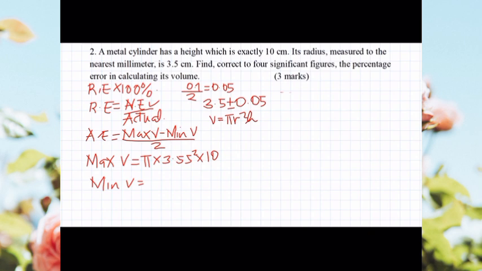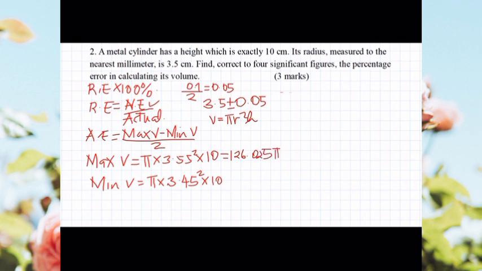And to get the minimum volume, we take again pi, we multiply by our minimum radius, and then we multiply by the h, which is 10 again. So when we work out, we find that our maximum volume is equal to 126.025 pi.